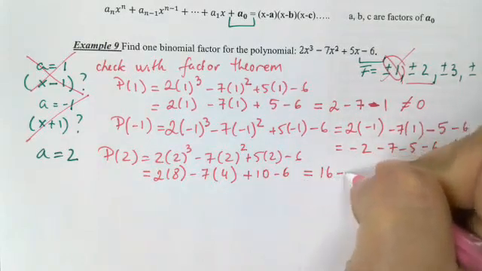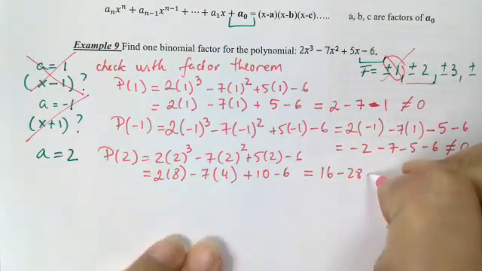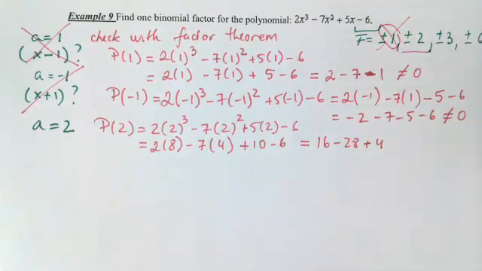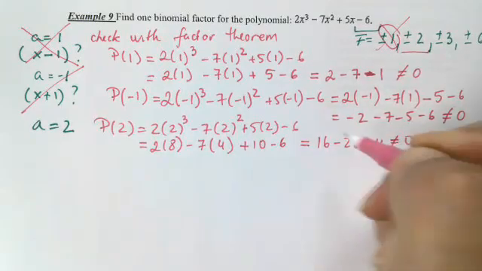We have 16 minus 28 and then plus 4. Is that equal to 0? No.